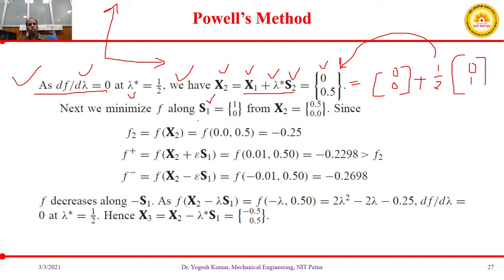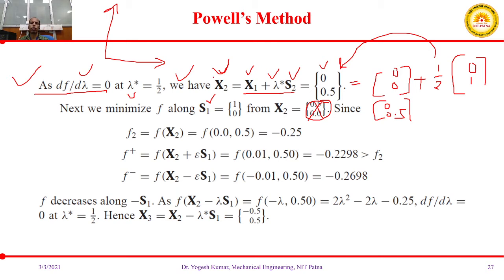We will try to minimize. This is wrong. This value is x2 equal to 0, 0.5. Okay, please do not get confused. This value is x2 equal to 0, 0.5.